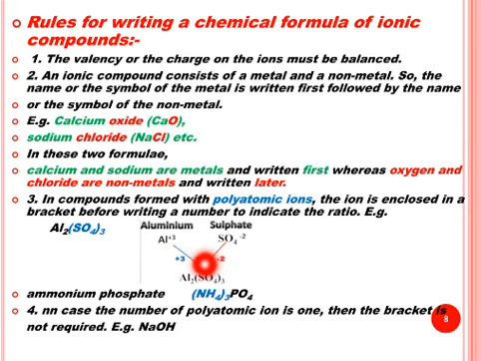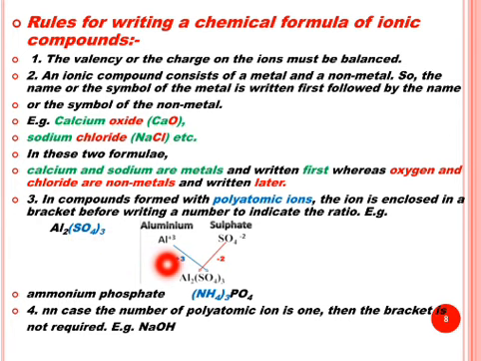Here you can see that the plus 3 goes to the whole sulfate and the minus 2 goes to aluminium. So by the crisscross method we get Al2(SO4)3. Now this SO4 is a polyatomic ion in this compound, so the sulfate ion is enclosed in a bracket before writing the 3.